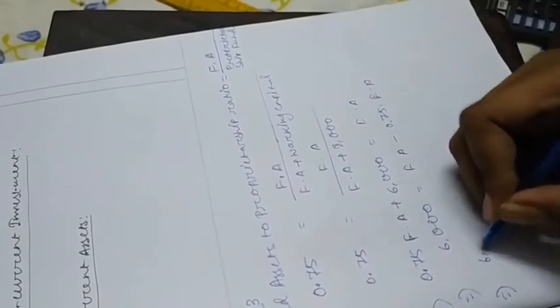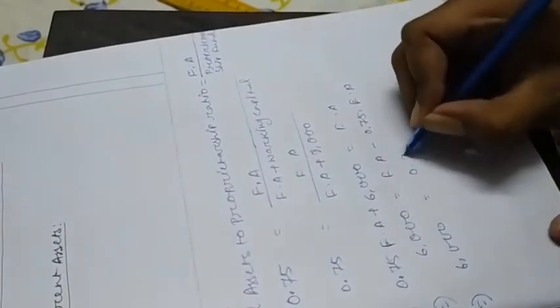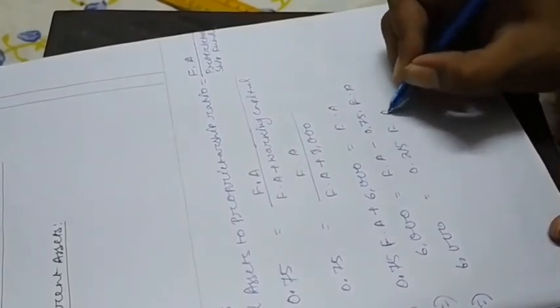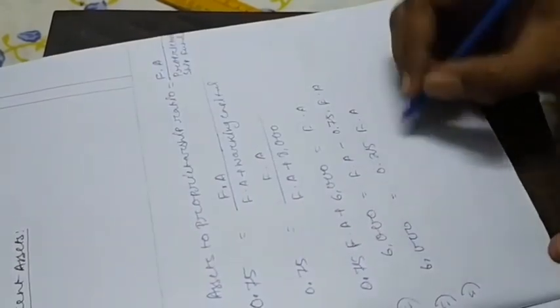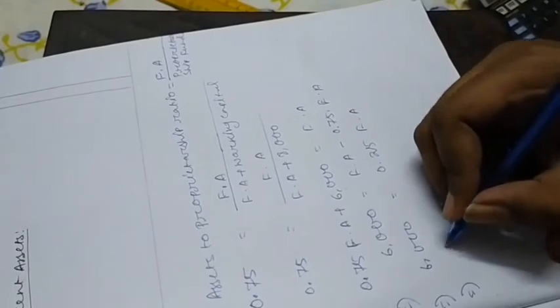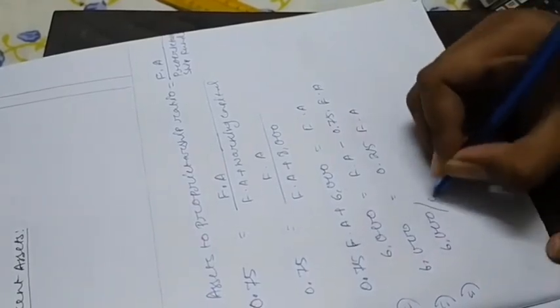So from that we can calculate the value of fixed asset, which is 0.25.